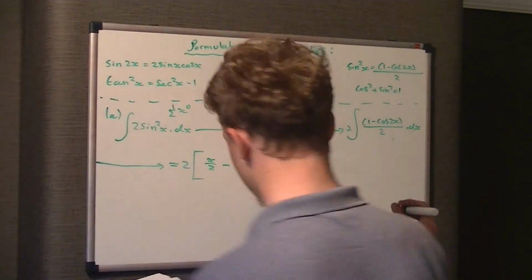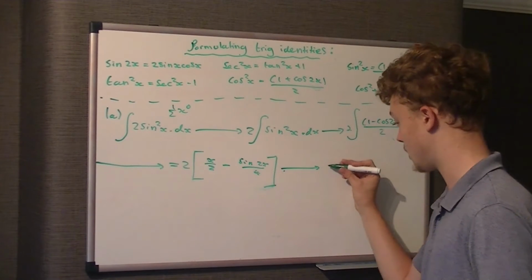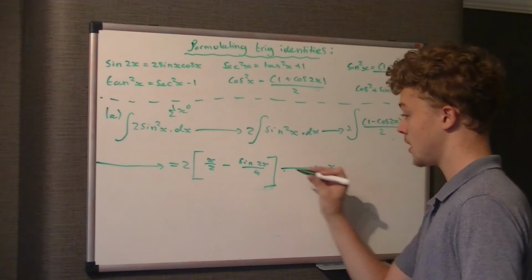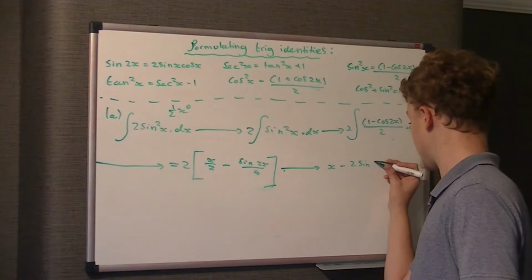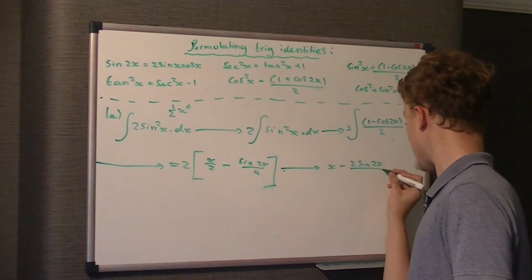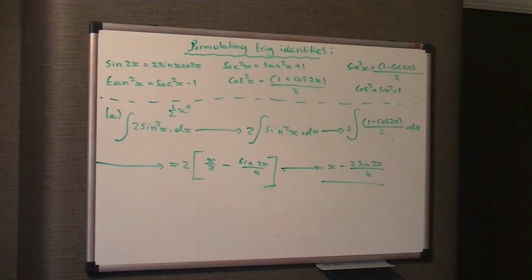And then we're going to expand this out now. So that's your 2 times half of x, which is x. Take your 2 sine 2x over 4, and then that's your answer. So let me double check that. As I said, if that's wrong, the method's right, it's just the final bit where I might make mistakes.